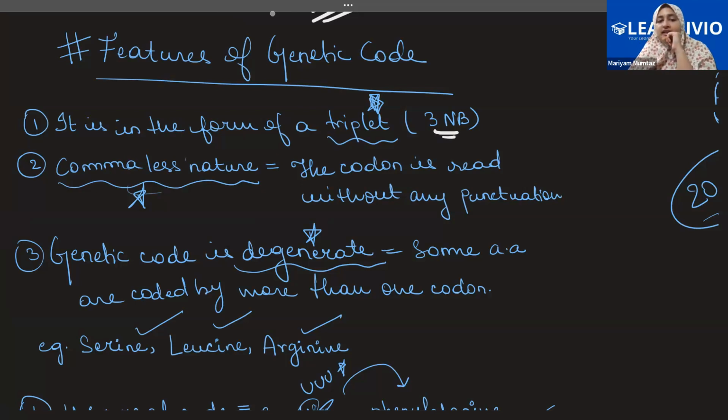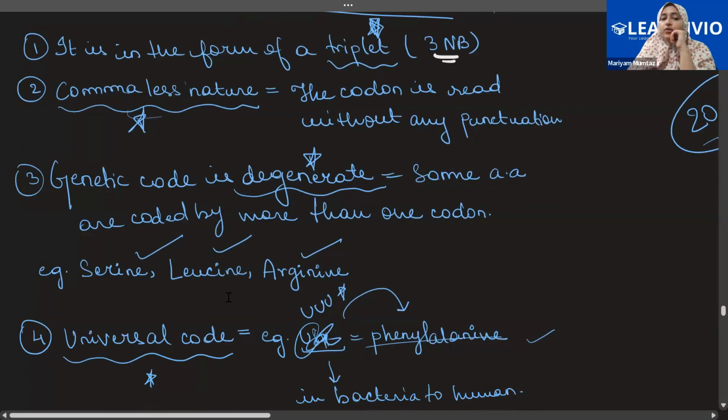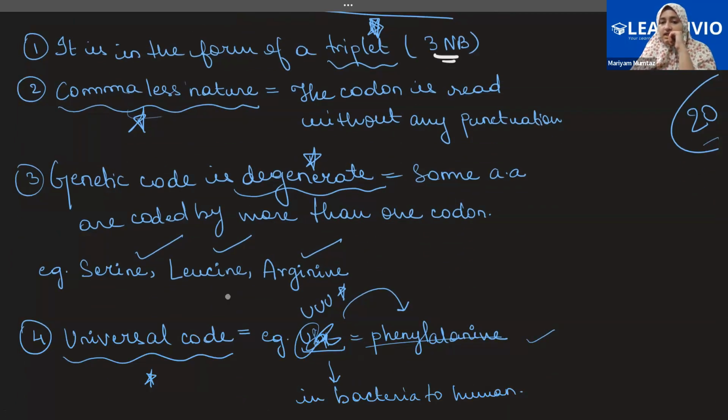Now, the second thing is that they have a comma-less nature, meaning the codon is read without any punctuation. For example, AUG is there, so there will be no stopping in the middle. AUG will be read as such throughout. Then the genetic code is degenerate, meaning some amino acids are coded by more than one codon.